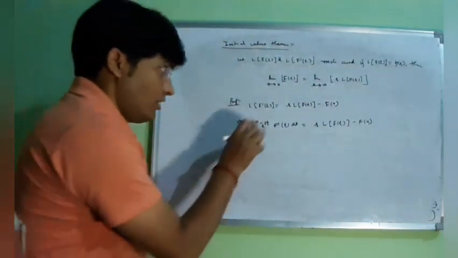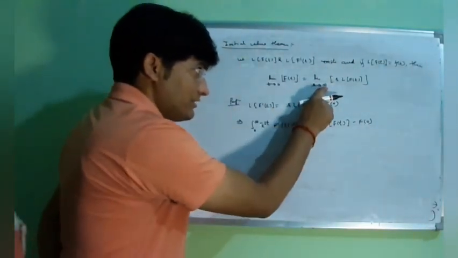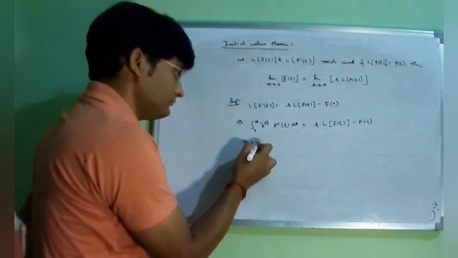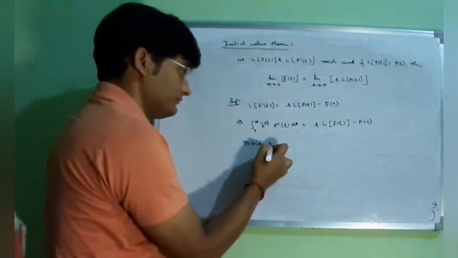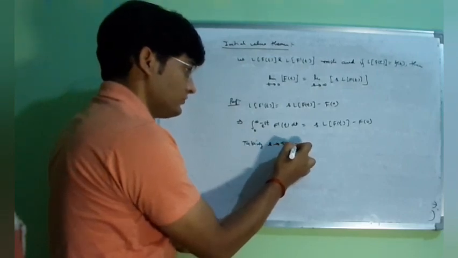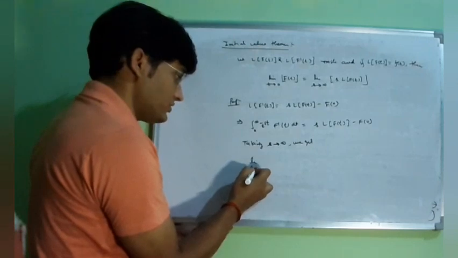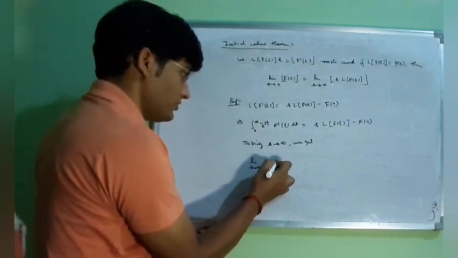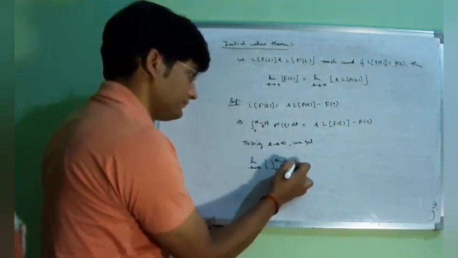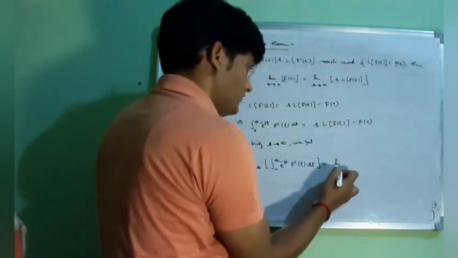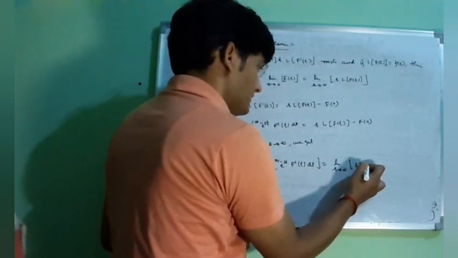Because we need the limit, let us apply the limit s tends to infinity. So we will get limit s tends to infinity of the integral 0 to infinity of e to the power minus st f'(t) dt, equal to limit s tends to infinity of s Laplace f(t) minus f(0).